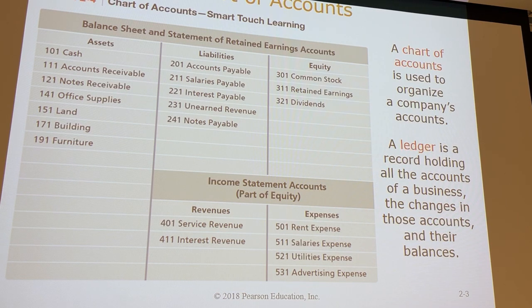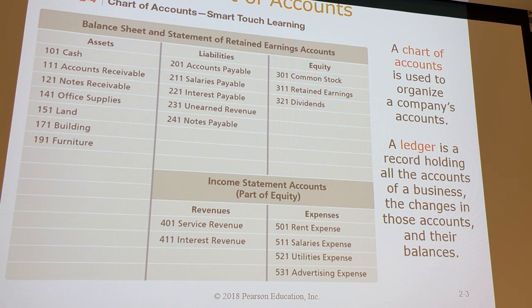There's nothing that says in GAAP accounting that you have to do it this way, but it's very typical that your asset accounts start with the digit 1, your liability accounts start with the digit 2, equity accounts start with the digit 3, revenue accounts start with the digit 4, and expense accounts start with the digit 5.